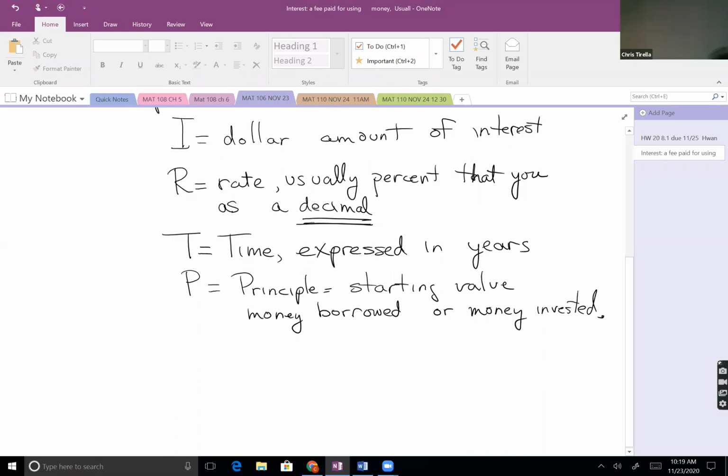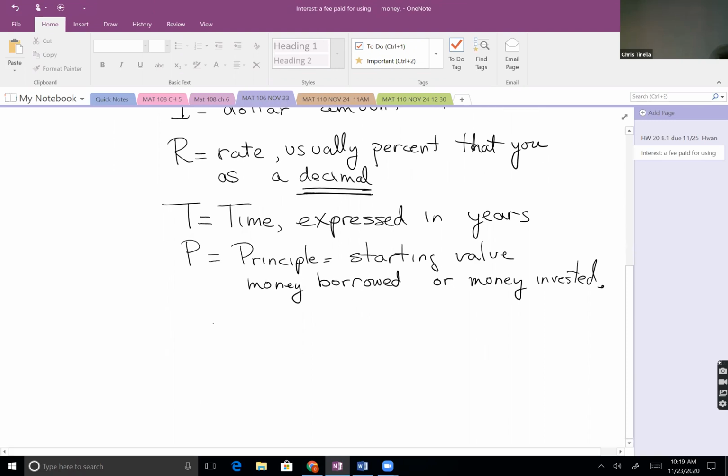And there's a formula that says I equals PRT. Is everybody familiar with the idea that if I have variables written next to each other without a symbol in between, it means that I'm multiplying?